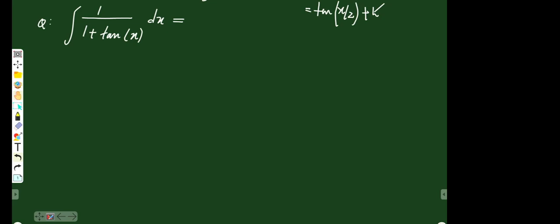Quickly, if you are done, let me know. Okay, let's try this one then. You know that tan 2x is equal to 2 tan x divided by 1 minus tan squared x, right?